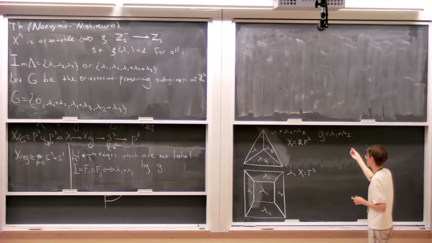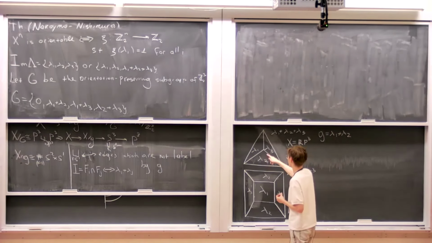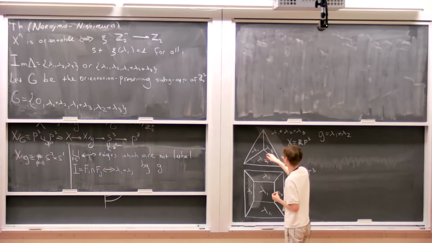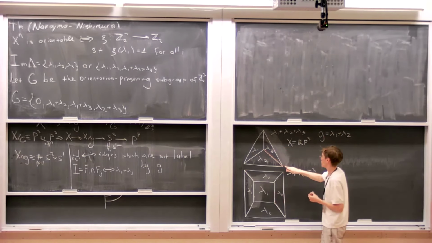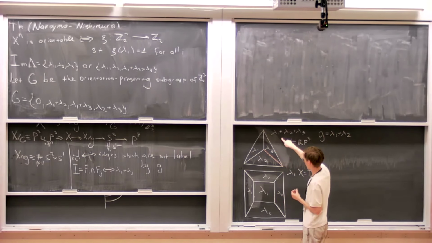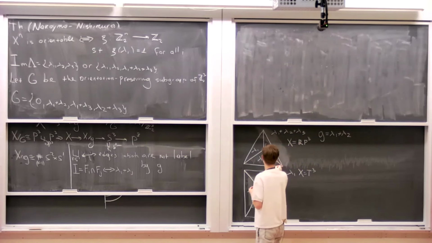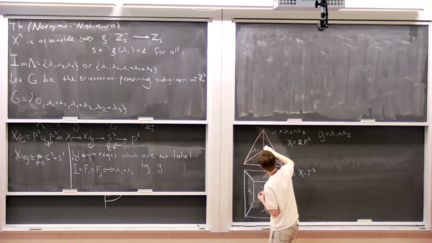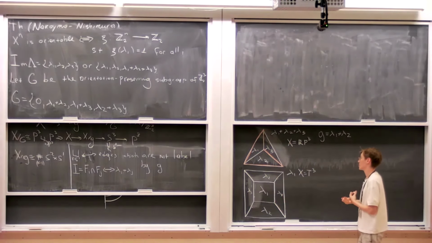To describe the branching set, I'm doing the following. I'm looking at the edges which are not labeled by lambda 1 plus lambda 2. So this edge I do not take, because the sum of these two vectors is lambda 1 plus lambda 2. So I take this one, then this one and this one. And we get a Hamilton cycle on the simple polytope.